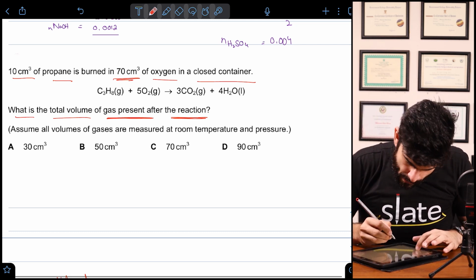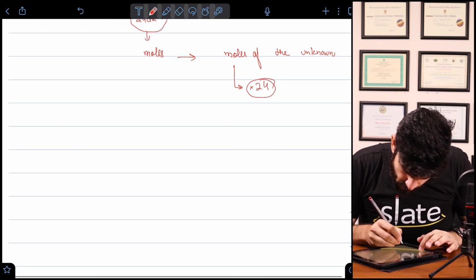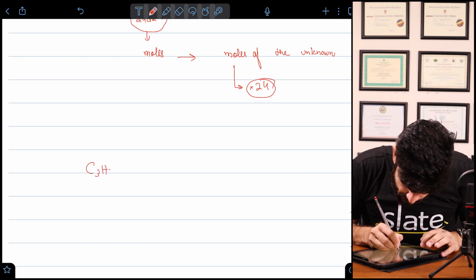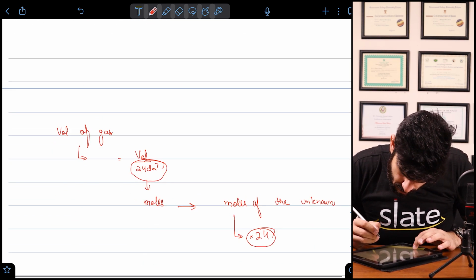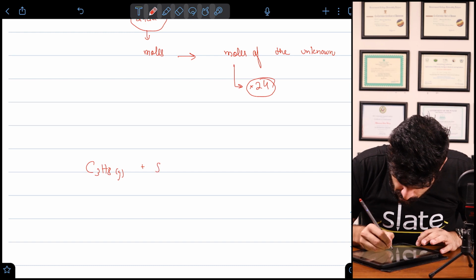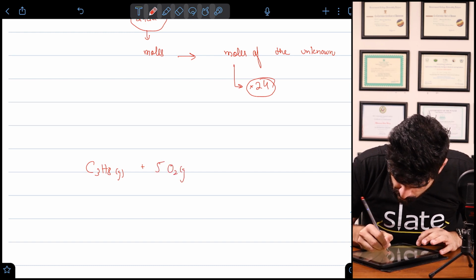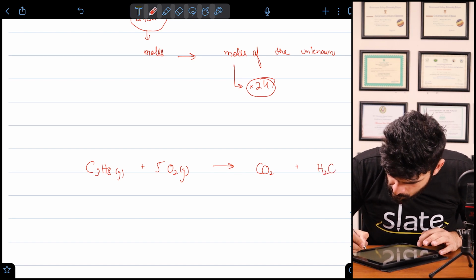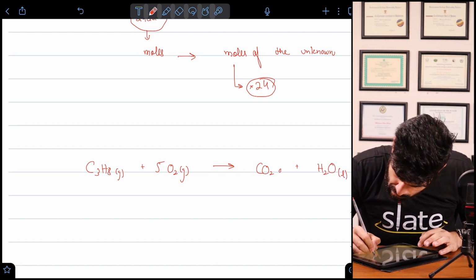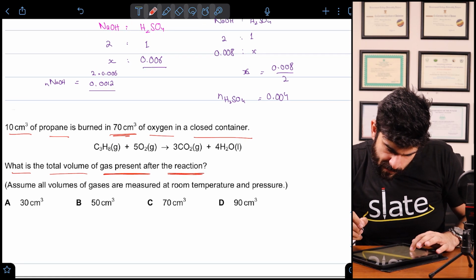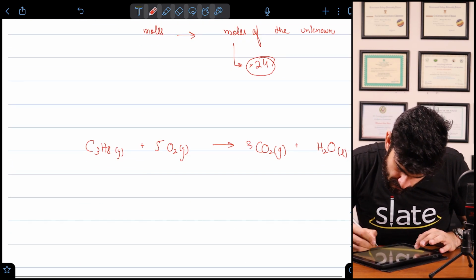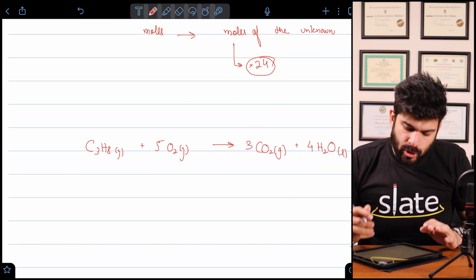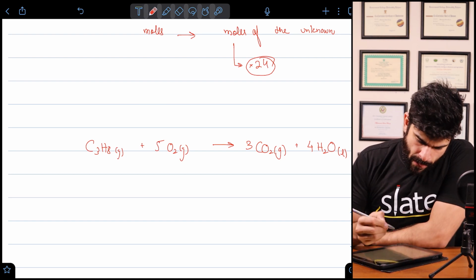So let's write the equation here. So students, this is the equation.